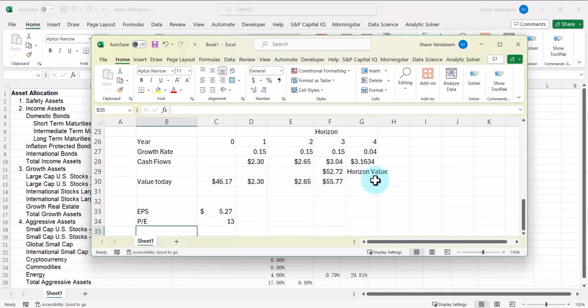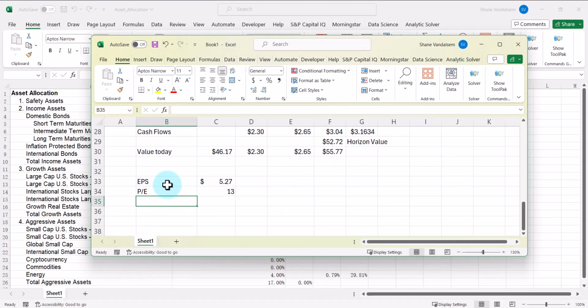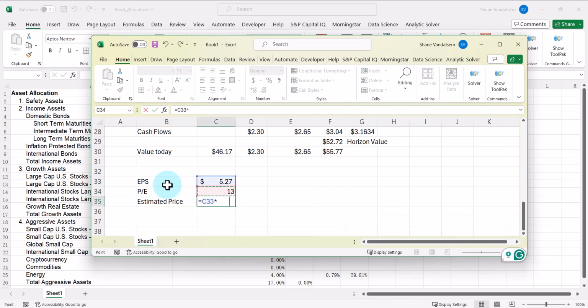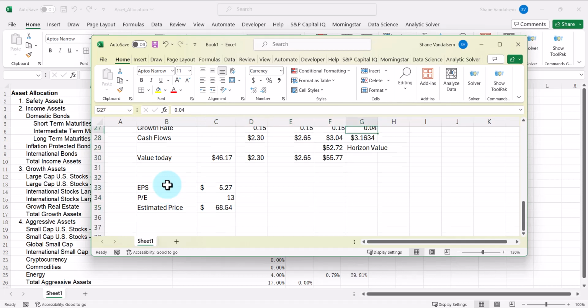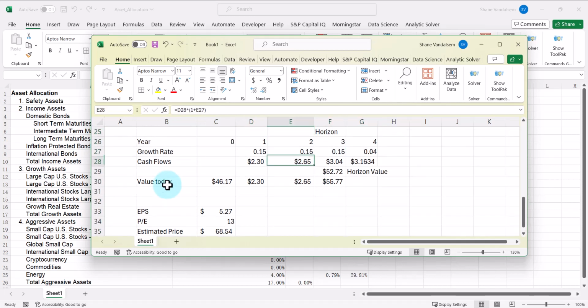at year 4. And so it's going to look a little bit different than what we've done previously here. So the estimated price of the stock is $68.54, but here, previously on this problem, we calculated the horizon value at time 3.